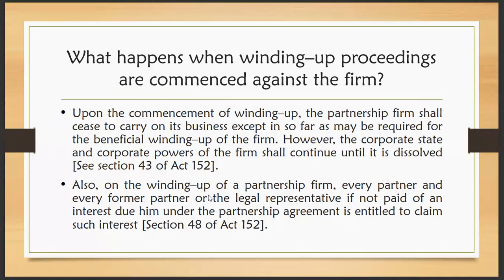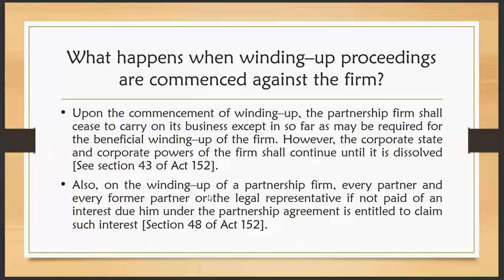Again, on winding up of a partnership firm, every partner and every former partner or the legal representative, if not paid of an interest due him under the partnership agreement, is entitled to claim such interest. So where the partnership is wound up, it will mean that yes, there are assets, right?